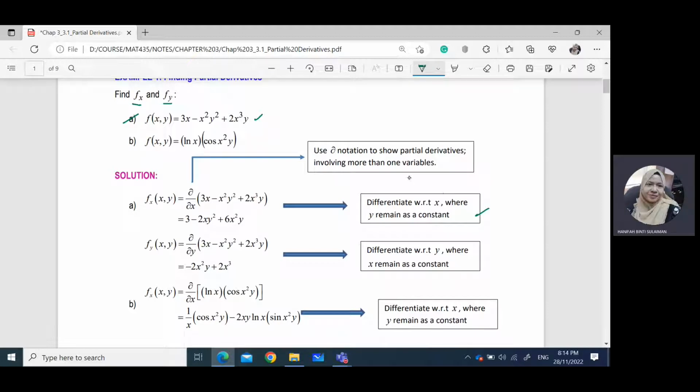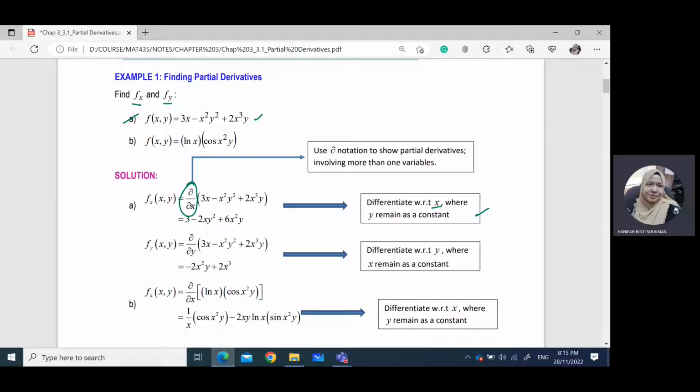This means that when you differentiate with respect to x, y remains a constant. In a partial derivative, we use this notation, del x, which represents the partial derivative with respect to x of the function 3x minus x squared y squared plus 2x cubed y.